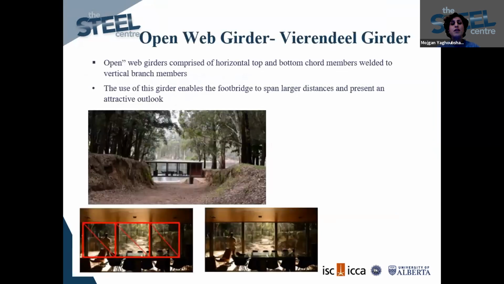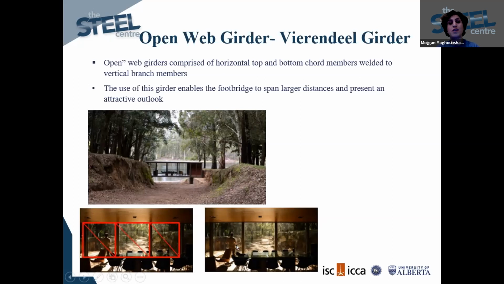And also this form of truss, Vierendeel trusses, has also been implemented in building construction, because as I mentioned, they are very architecturally attractive because they provide such wide openings.